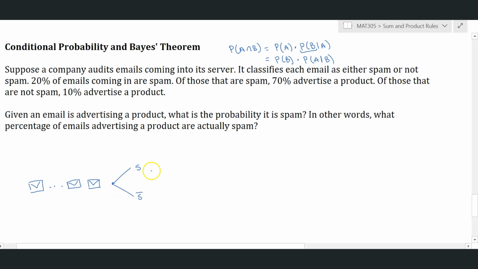This is the set of all emails that are spam, and we'll label that branch with 0.2 because 20% of emails will end up up here. And similarly, 80% of emails will end up down here.